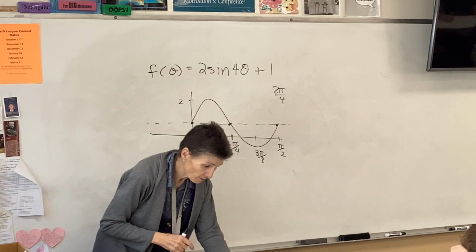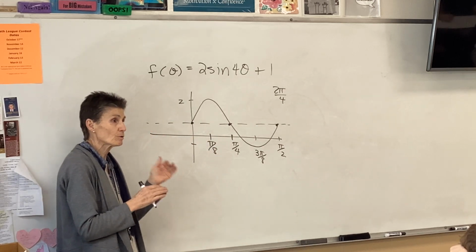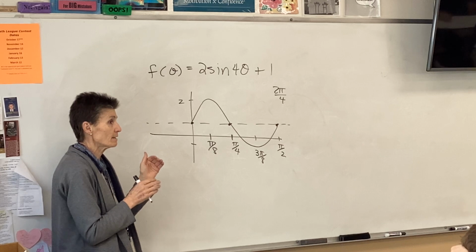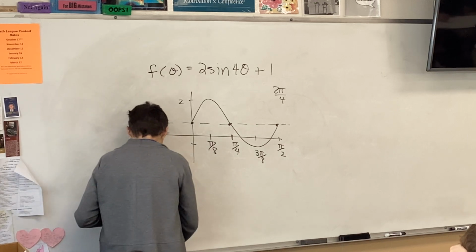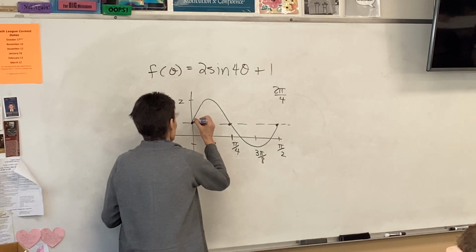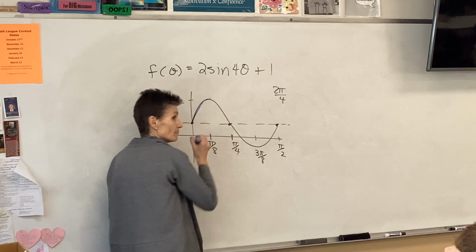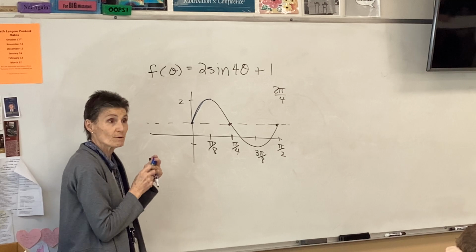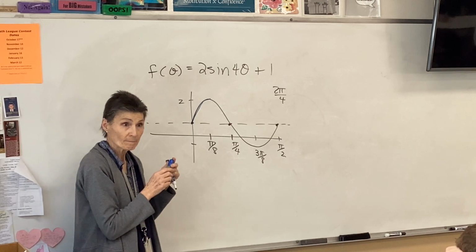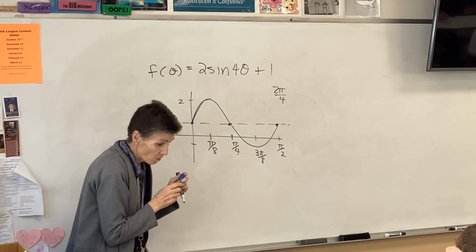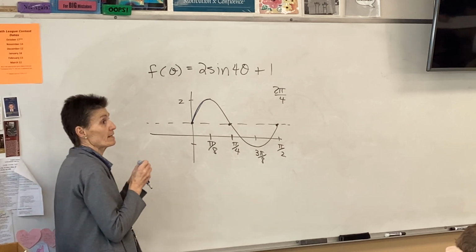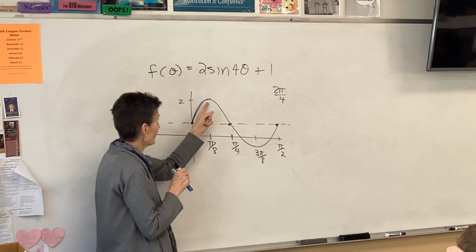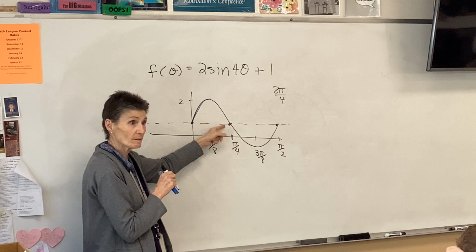So now you figure out, okay, where is it increasing and concave down? Well, isn't that this little stretch right here? So what is your interval from 0 to pi over 8? Where is it decreasing and concave down? Well, wouldn't that be this little interval right here?